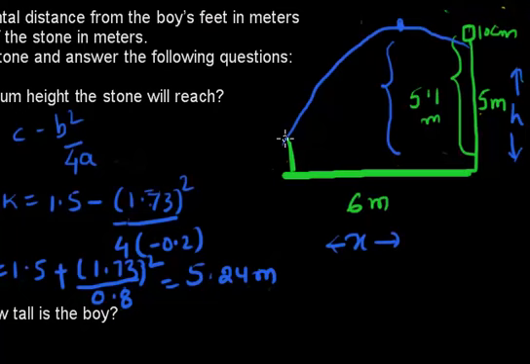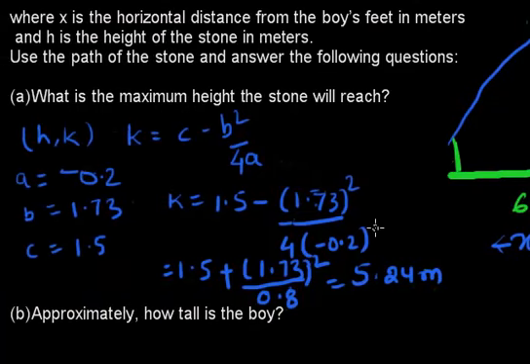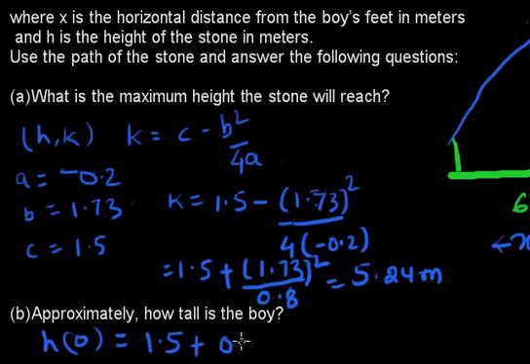So if I substitute the horizontal distance x equal to 0 in the given equation, I have h(0), and h(0) is nothing but the height of Salama's brother. 1.5 plus 1.73 times 0 is 0, minus 0.2 times 0 is 0, so it is 1.5 meters. 1.5 meters is the height of Salama's brother.